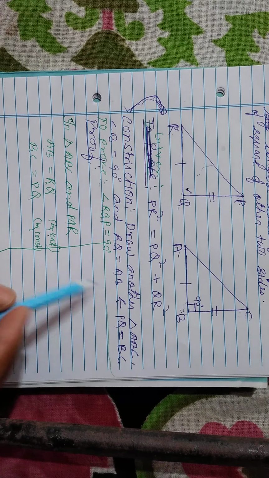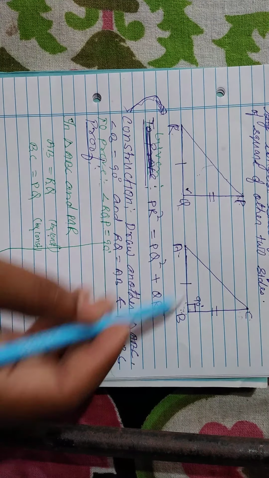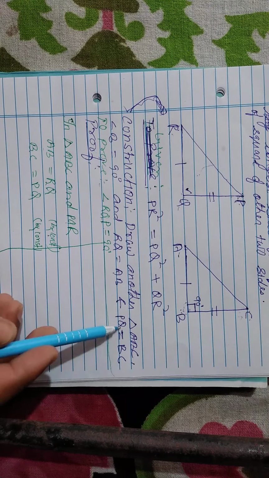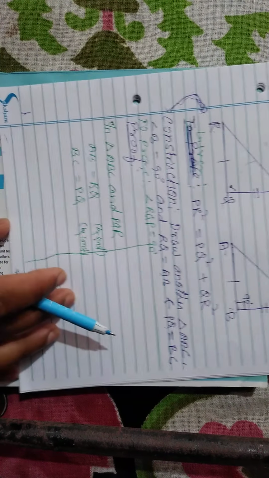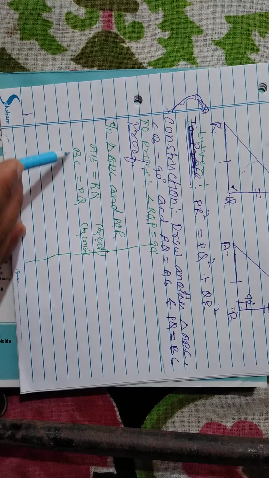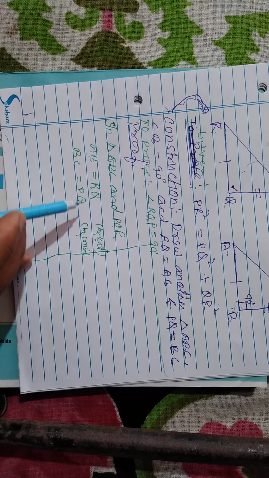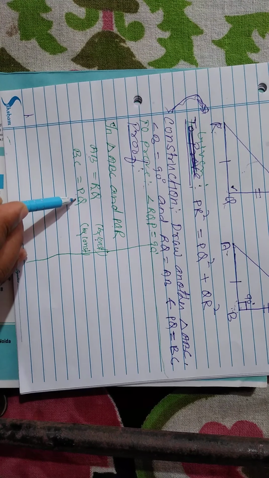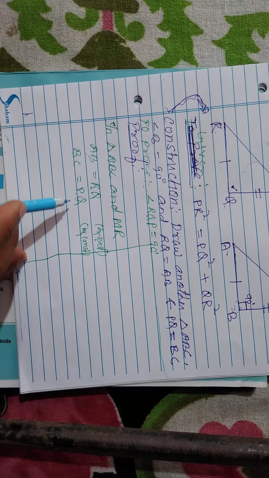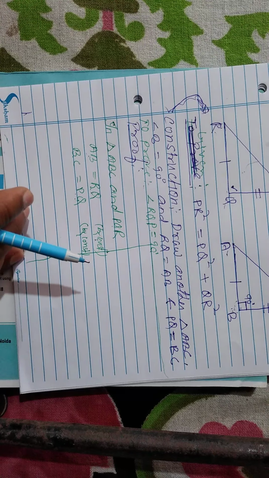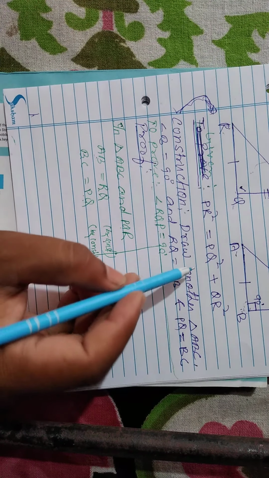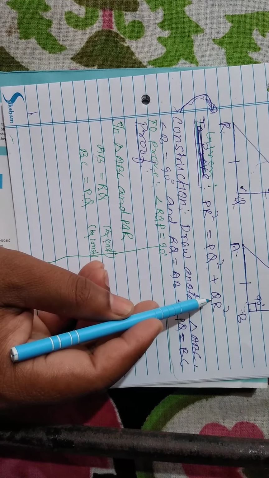And BC is equal to PQ, also by construction. Both are equal. Only one more piece of information is required here. Then, here given, PR square is equal to PQ square.